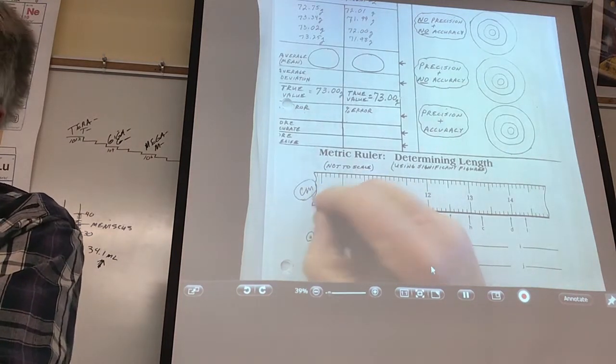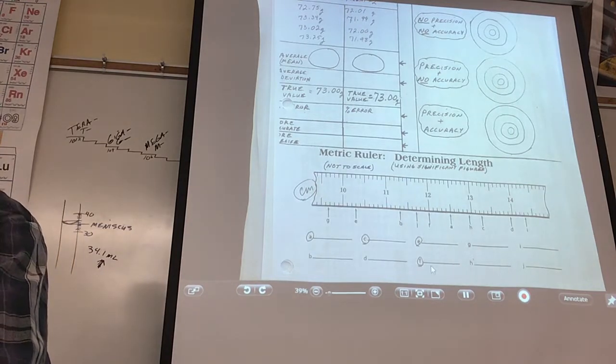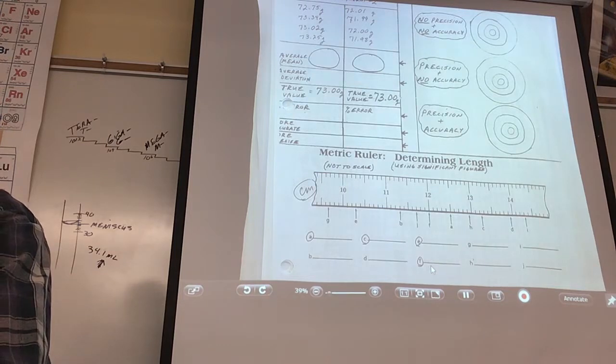Good question. What is the unit? The units are centimeters. It's just bigger than normal centimeters because I had to blow it up. All right, has everybody got A done? C? Please do one. We'll do A, C, E, and F, and we'll see what everybody gets.